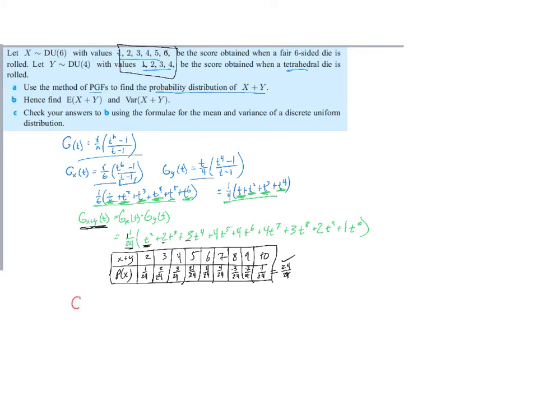So the first thing I need to do is get g prime of x plus y of t. And so of course that is the derivative of this function right here, which is just 1 over 24 times 2t plus 6t squared plus 12t to the third plus 20t to the fourth plus 24t to the fifth.